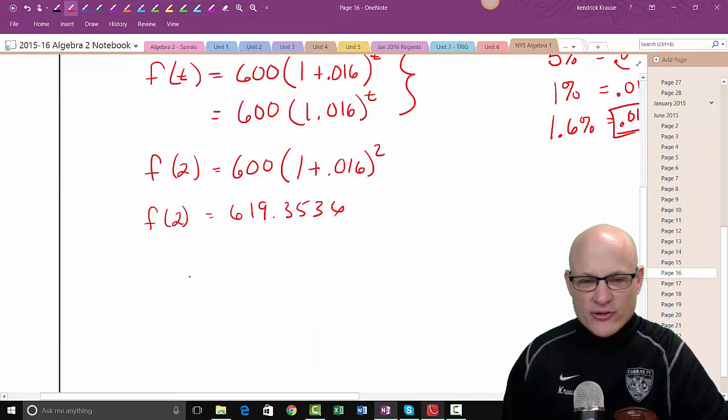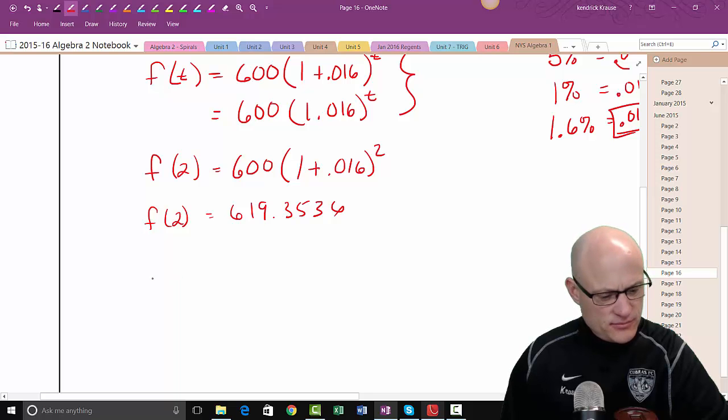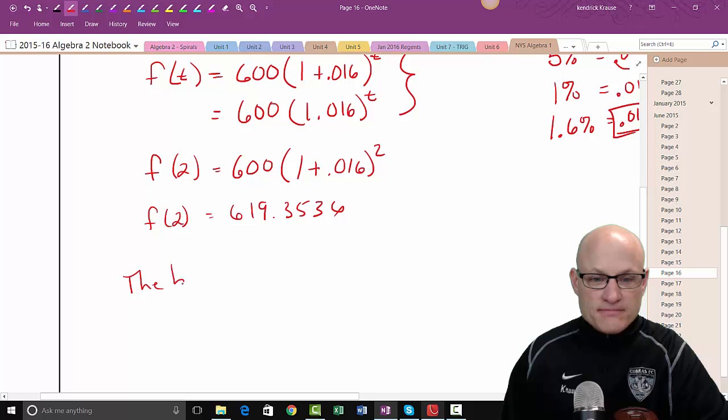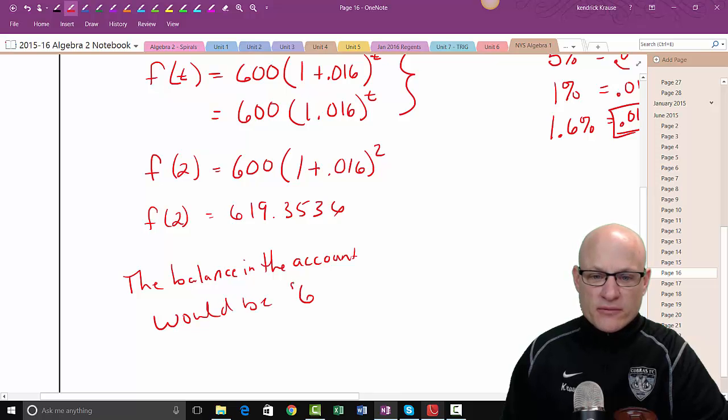So they want it rounded, so the answer is, what's the question? Find the nearest cent, the balance. So the balance in the account would be $619.35 to the nearest cent.